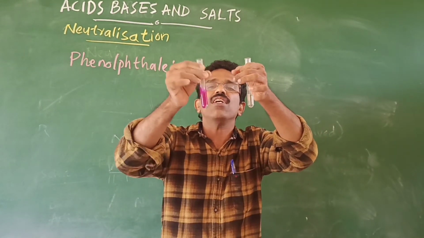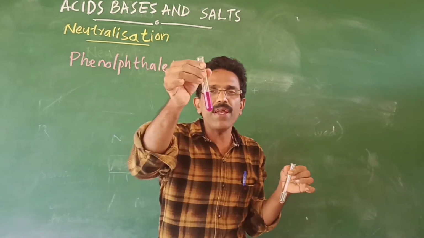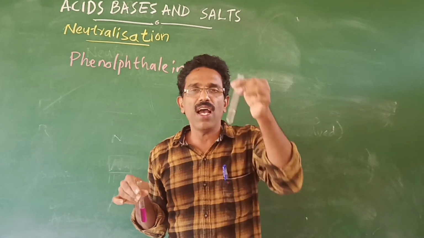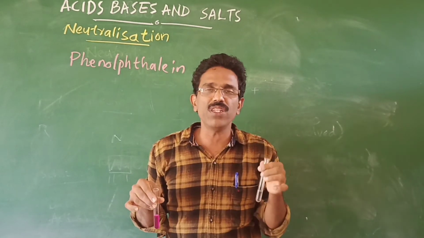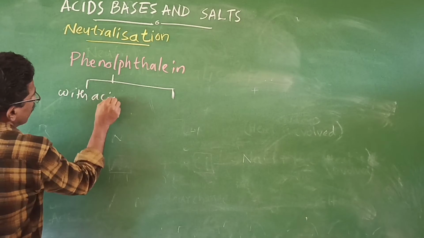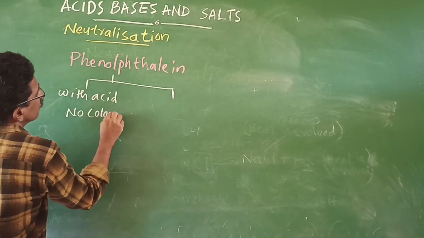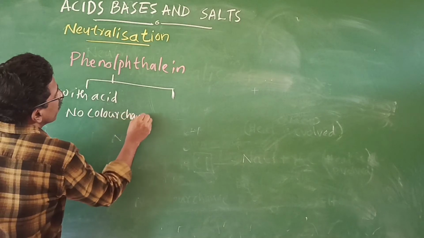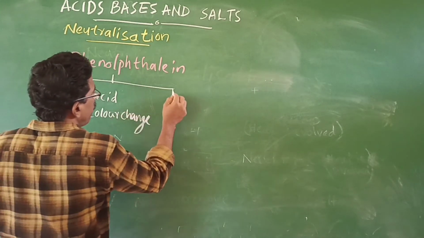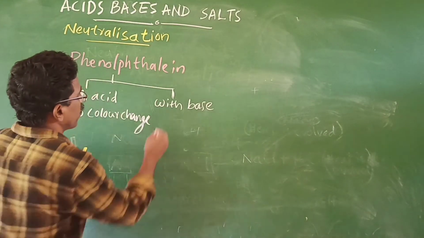Now the color turned pink. So phenolphthalein indicator gives pink coloration with base and no color change with acids.